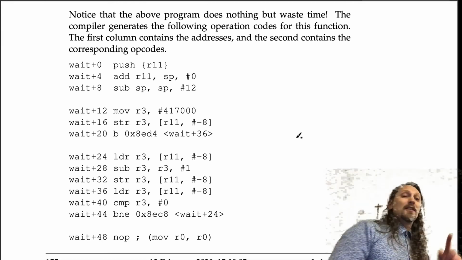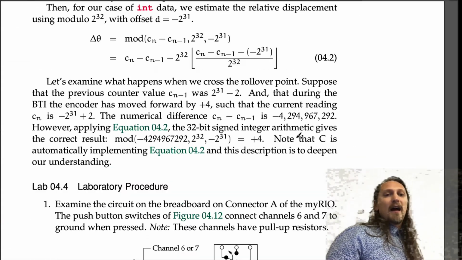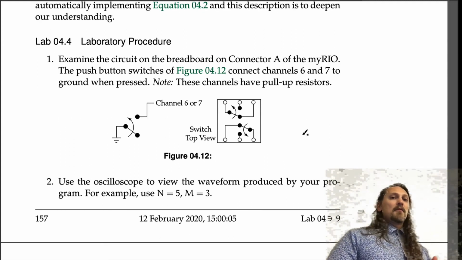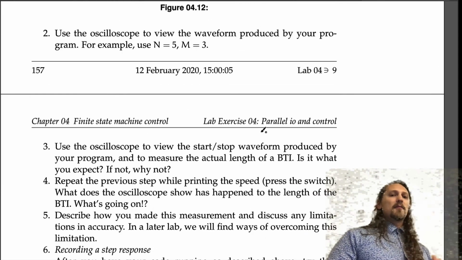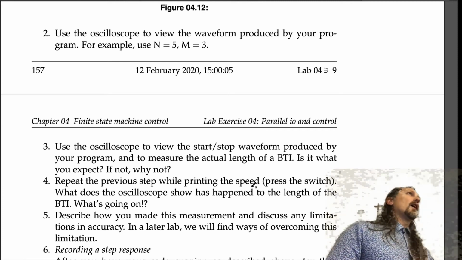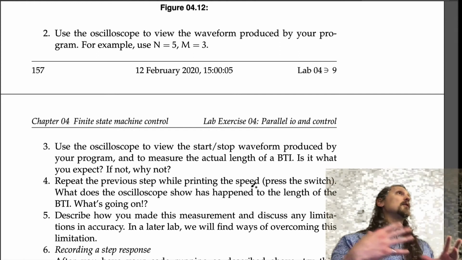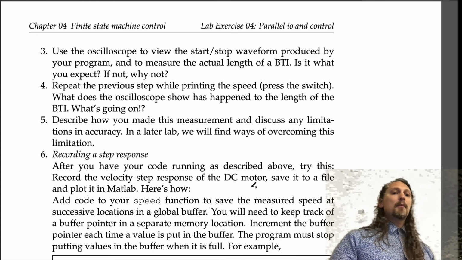You can get to look at the oscilloscope because there is a whole laboratory procedure here where you're going to have these buttons. You're going to have to make some observations, look at the waveform on the oscilloscope, measure how much time things are actually taking, compare that to the amount of time that you said it was going to take, and record a step response.